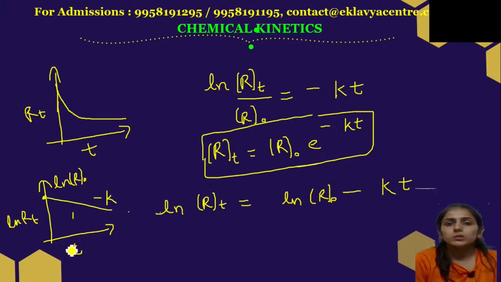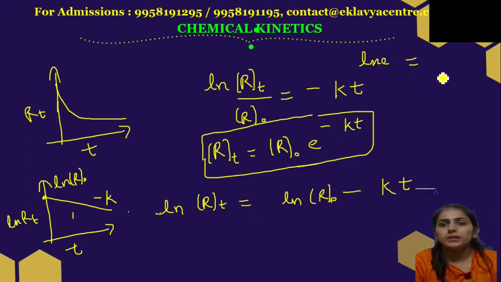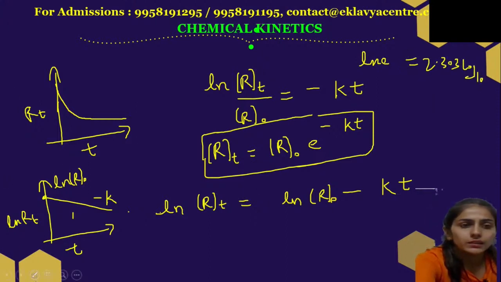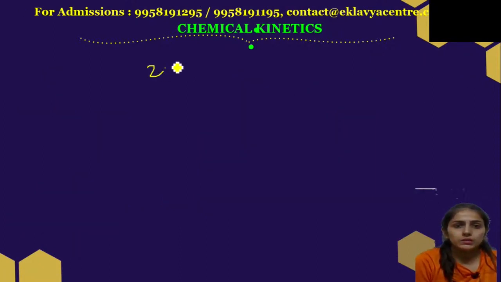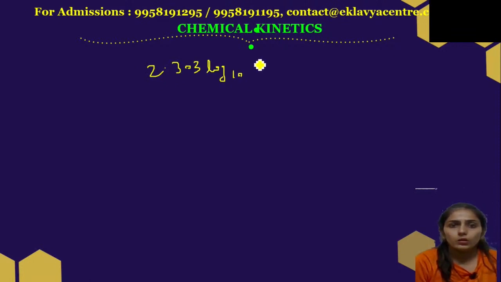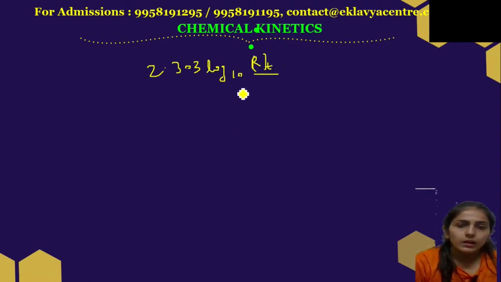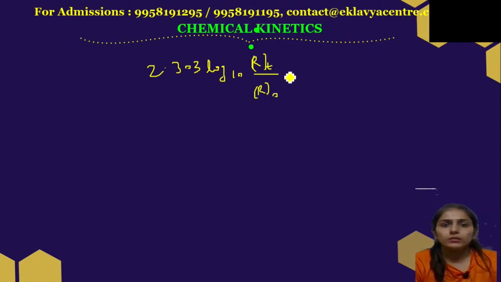But I can also do it like this, if I want to convert this equation from ln base e into log base 10, I'll multiply by 2.303. So I can also write it as 2.303 log base 10 Rt upon R naught is equal to minus Kt.